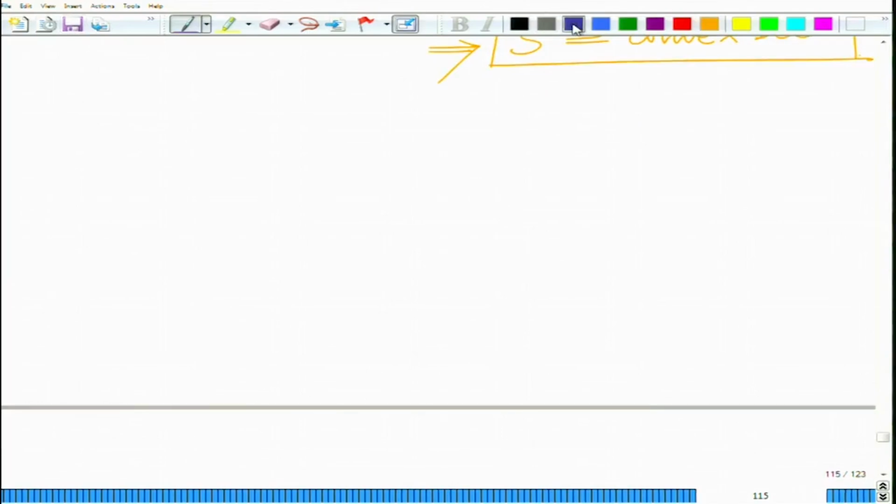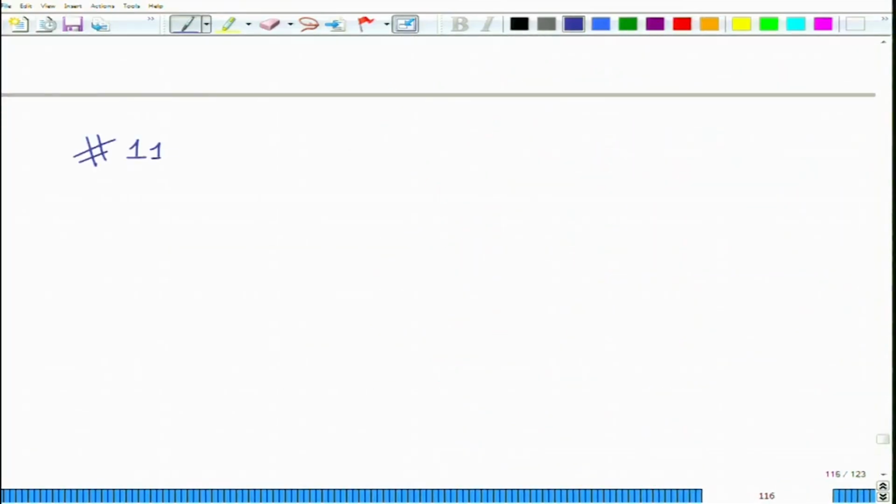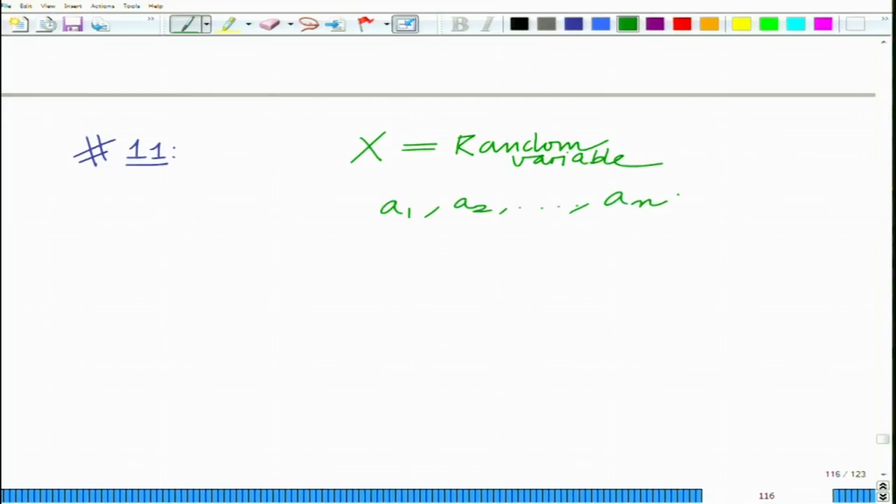Let us look at another interesting problem that pertains to probabilities. Problem number 11: let x be a random variable and it can take values a1, a2 up to an, and the probability that x takes the value ai is equal to pi.